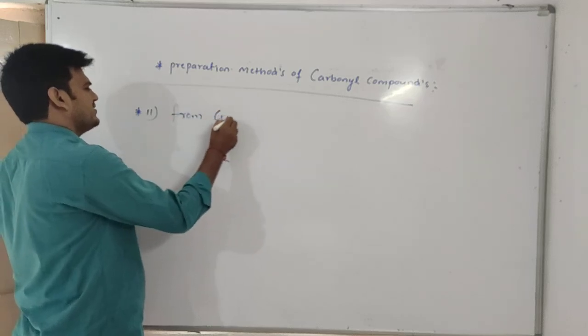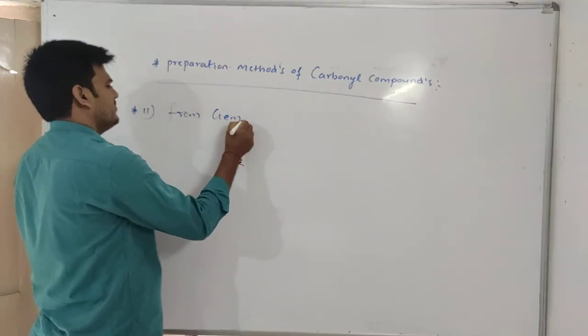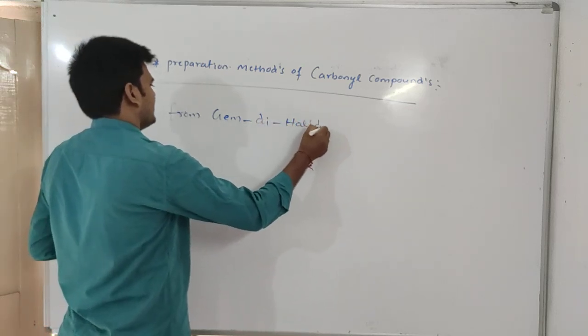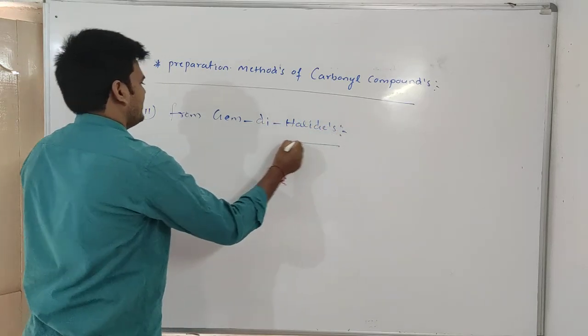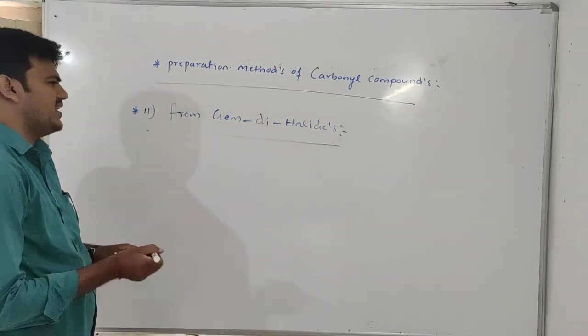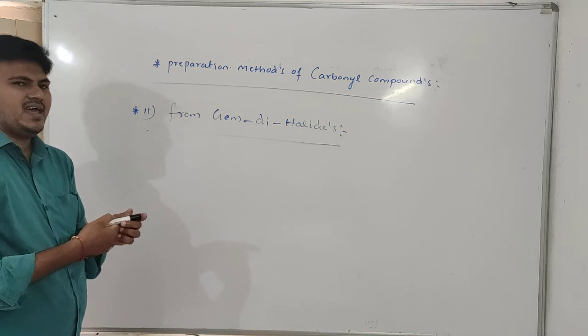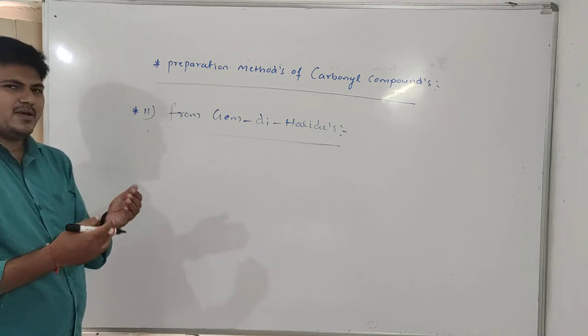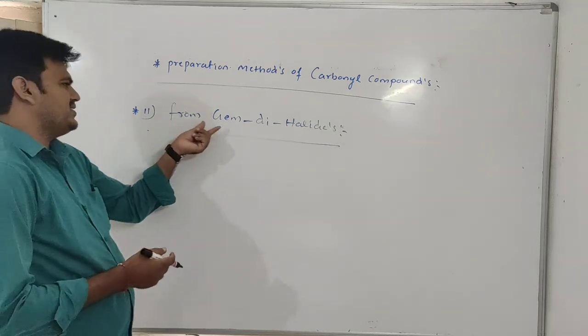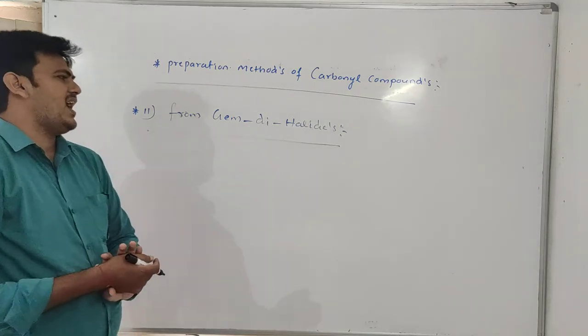Geminal dihalides mean the same carbon has two halogen atoms. So that is gem dihalides or geminal dihalides.